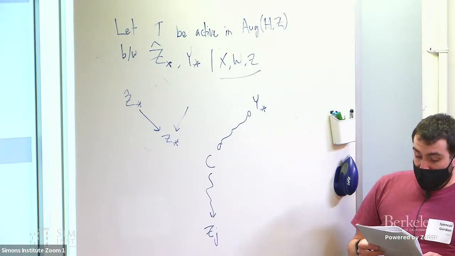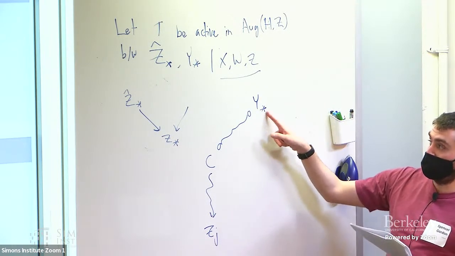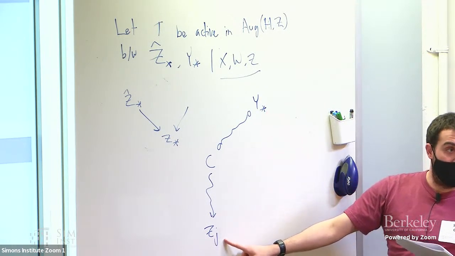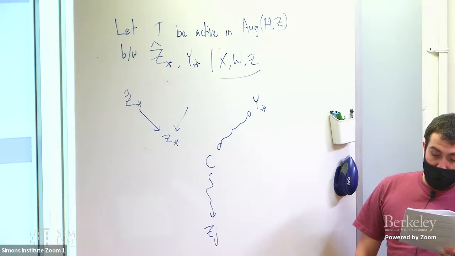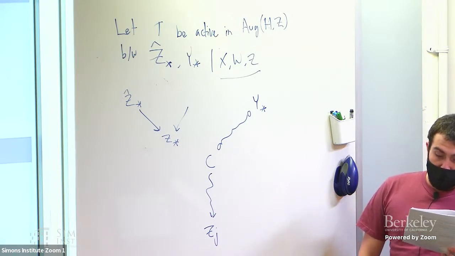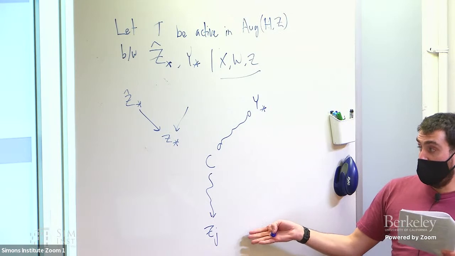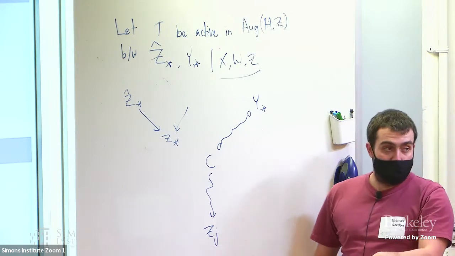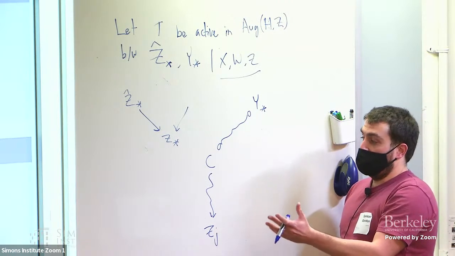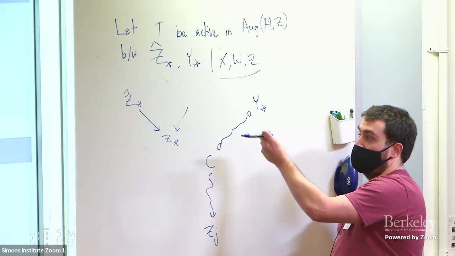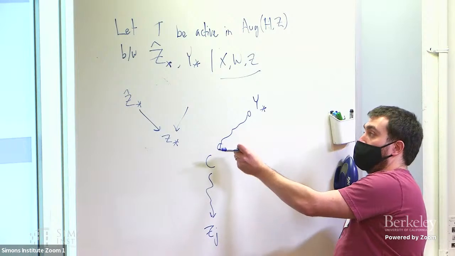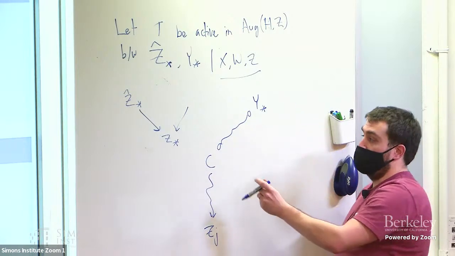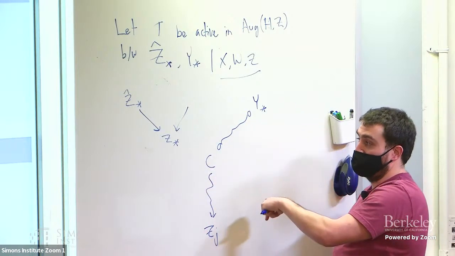Moreover, there are no other Z vertices along this trail than Z j, because if there were, they would have to be in colliders, since there are no edges going out of Z vertices in this graph. And we've already picked this to be the furthest right collider that has a Z vertex as a descendant.